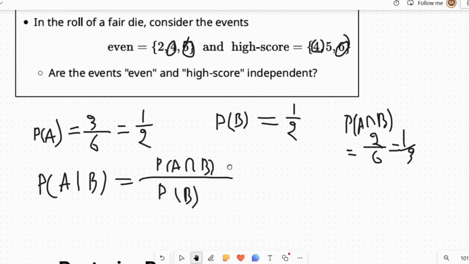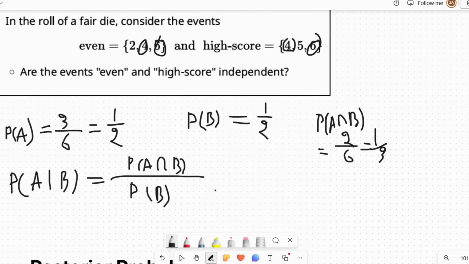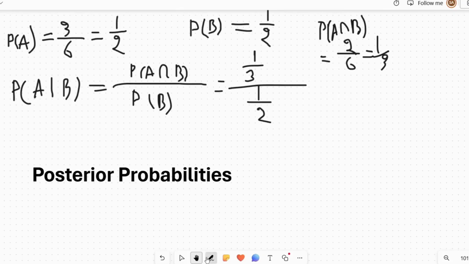So let's put all the values here and check. We got 1 by 3 divided by probability of B, which is half. If we simplify this, then we get 2 by 3.